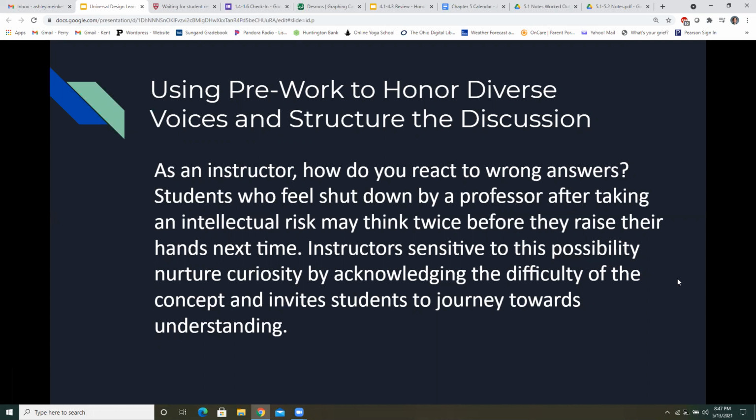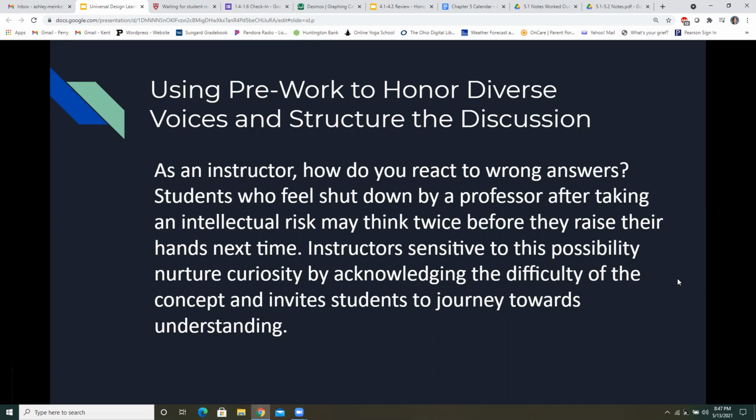The second technique that I want to focus on is the use of pre-work. This is to ensure that we honor diverse voices and at the same time structure the discussion. So multiple voices is what we are trying to achieve here, and you do that by using pre-work.